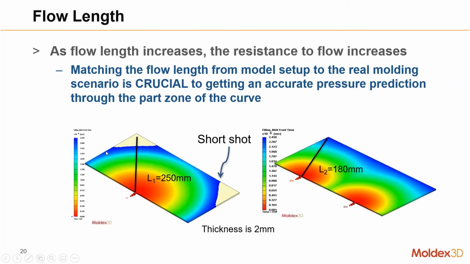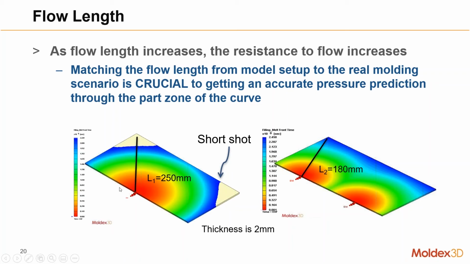So let's look at flow length. As flow length increases, the resistance to flow increases. As the material starts to move through our part, the amount of pressure required to push that material forward increases.